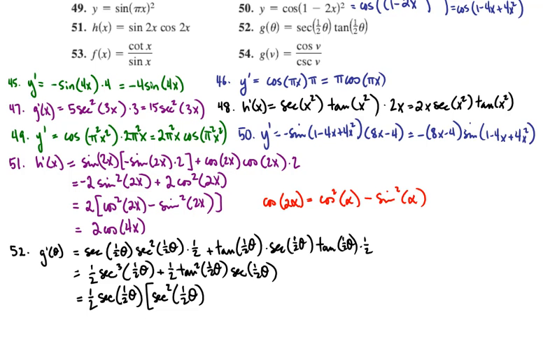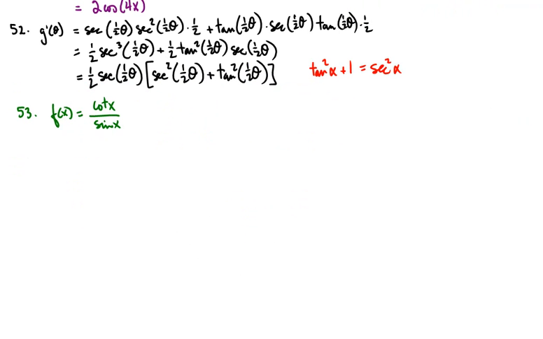And that'll leave secant squared of 1/2 theta plus tangent squared of 1/2 theta. And we do have an identity that says tan squared alpha plus 1 is secant squared alpha. But that's not really going to help us here, because secant squared plus tangent squared doesn't really work with that. So I would leave this as it is. That's going to be fine. And we'll go on to 53.